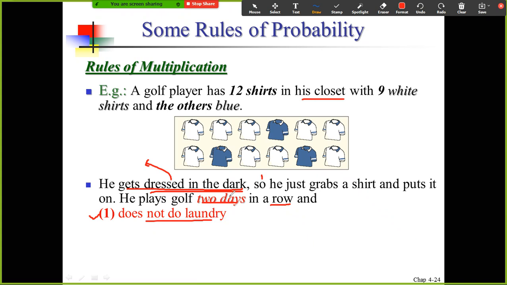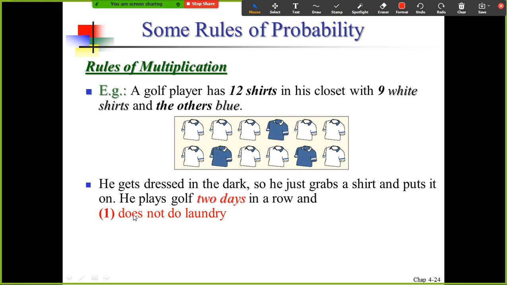He puts on one shirt for one day and the other shirt for the other day, not the same shirt for both days, because he is not laundering. Not laundering means he puts on one shirt today, and the next day he puts on the other shirt. This is the first condition.